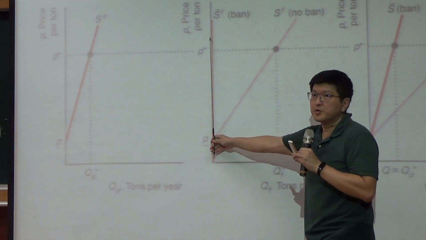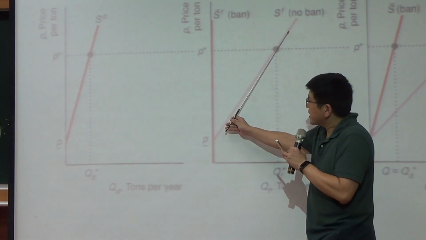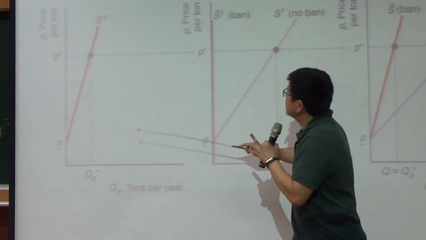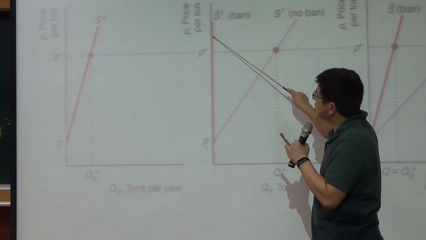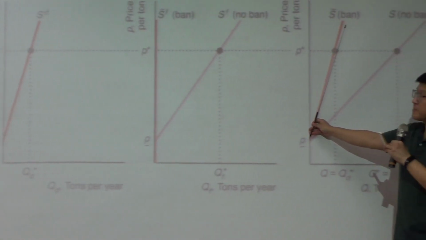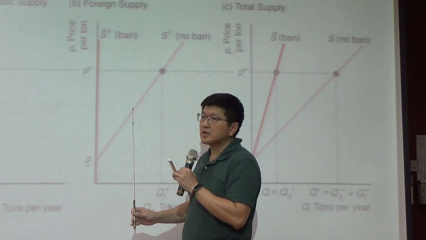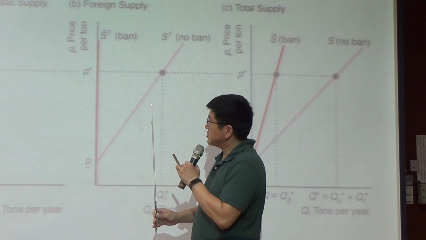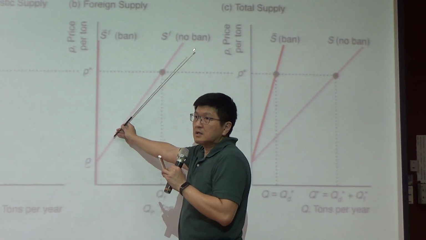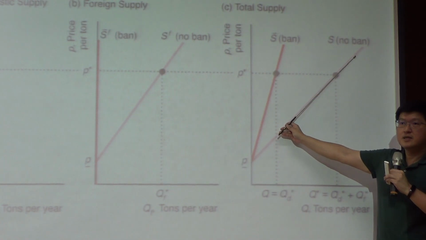If there is a prohibition, no trade, then the total supply would become this. But if there is no such ban, then domestic supply plus international supply becomes the total supply. Okay?